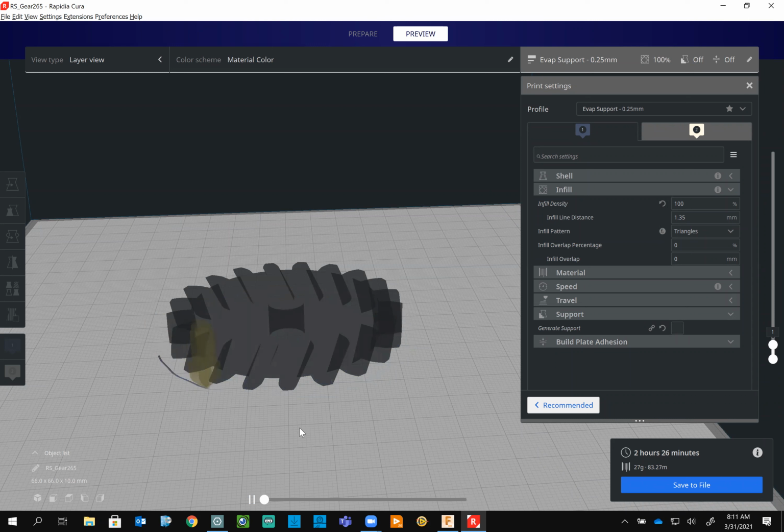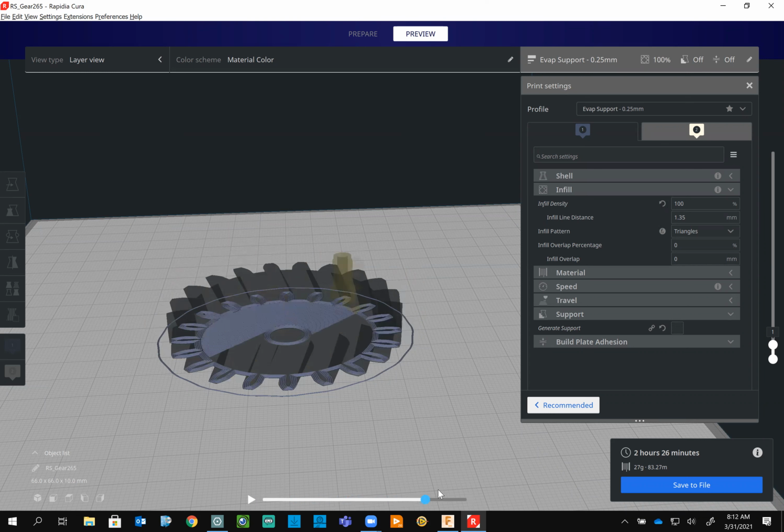So for example, here it shows you how the thing is going to be printed. If I go faster, because of the speed that I selected, it builds the first layer, right?